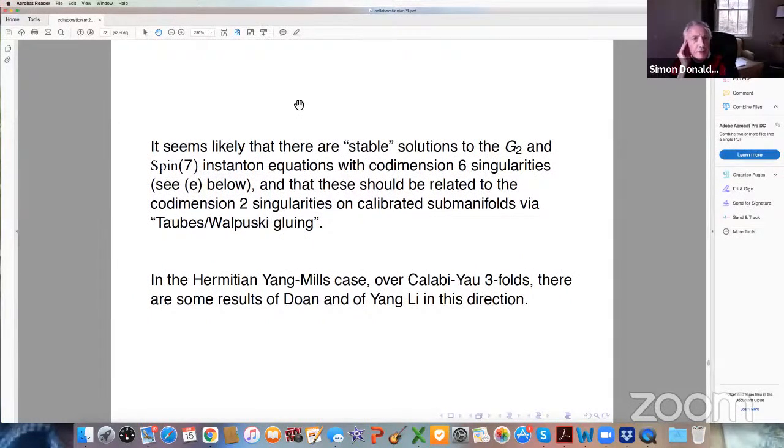Though it seems likely that there are what one might call stable solutions to the G2 and Spin(7) instanton equations with codimension 6 singularities. So I'm going to come back to this.